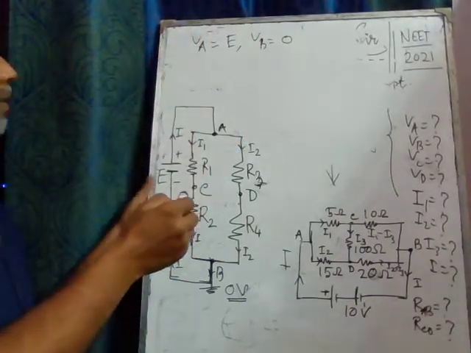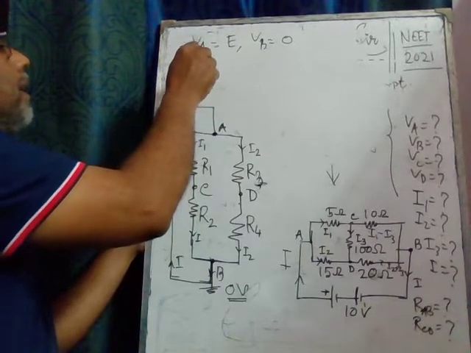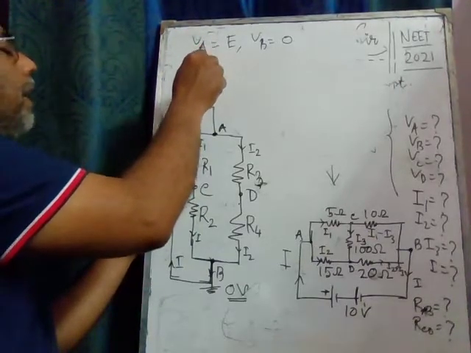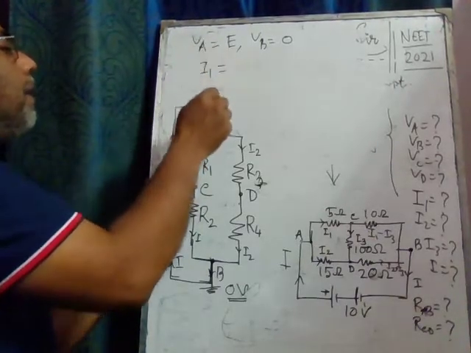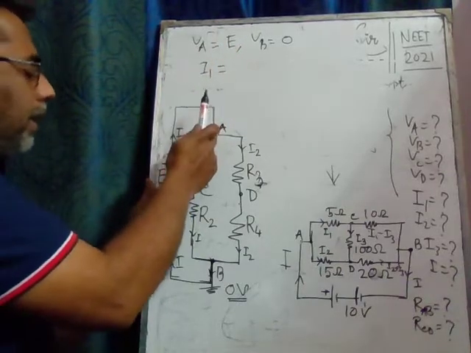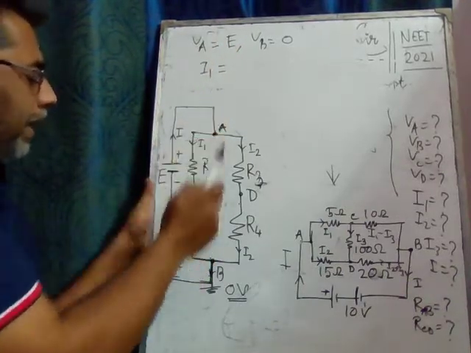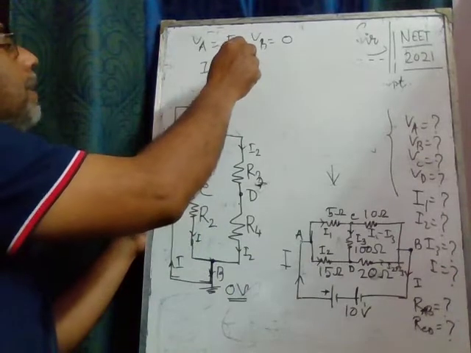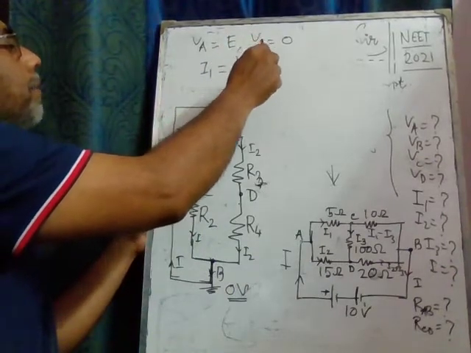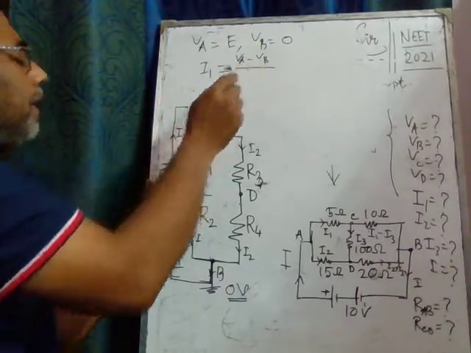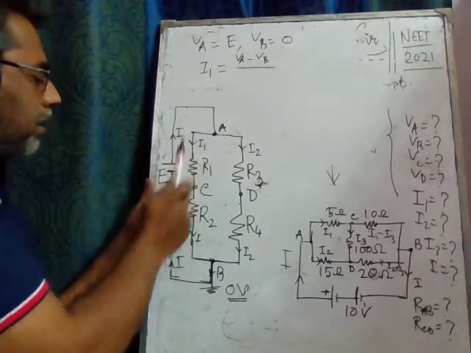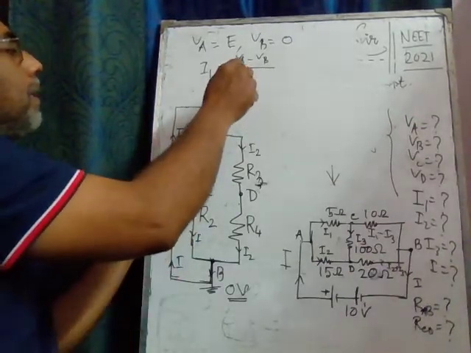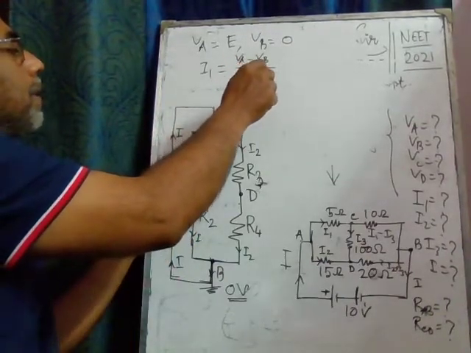Clear? So the current in the left branch, I1, must be the potential difference between the points A and B, that is VA minus VB, over the total resistance of this branch, that is R1 plus R2.